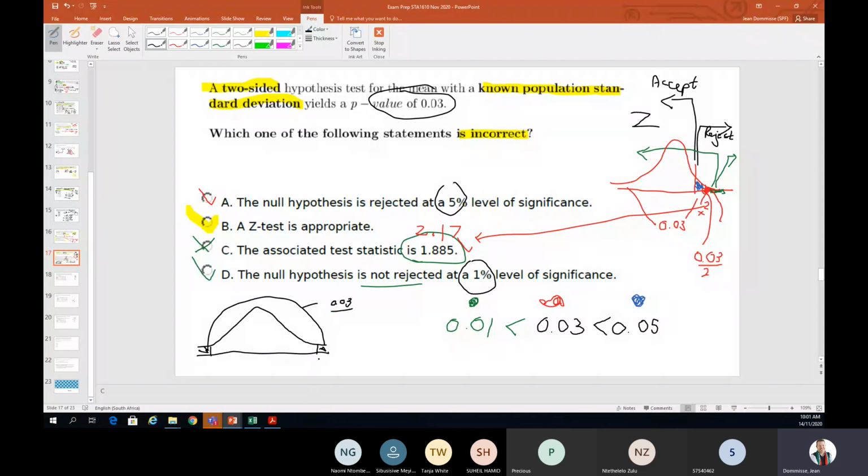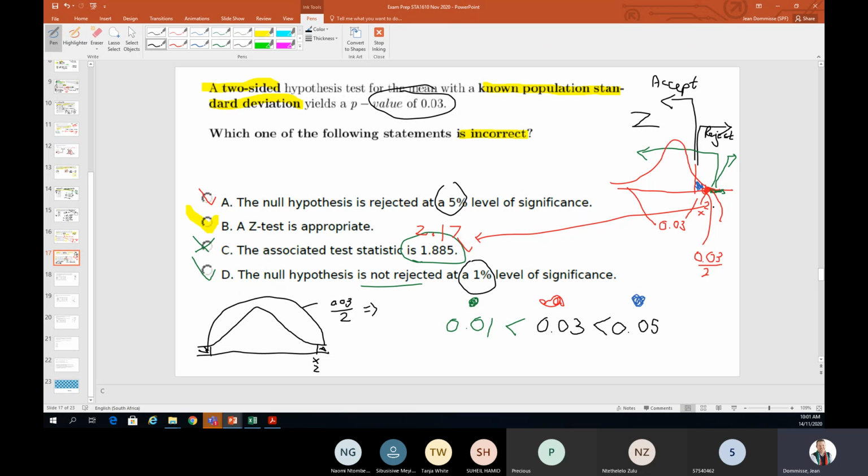So to work out the z, I need to divide that by 2, and then I can go to the table to get my z. When we look at rejection or acceptance, we look purely at the p-value, because the p-value is what we will evaluate it against.